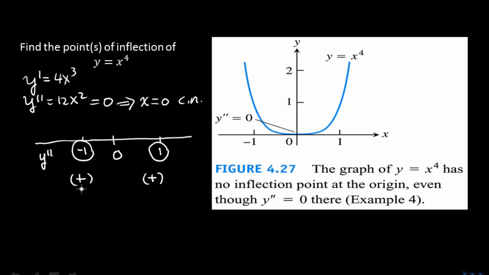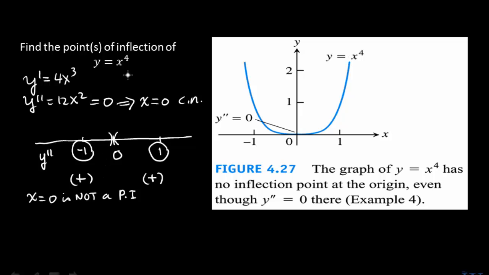When there is no change of sign to the left or right of a critical number, then that means x equal to 0 is not a point of inflection. And as you can see from the graph, it's concave up to the left of 0. It's still concave up to the right of 0.